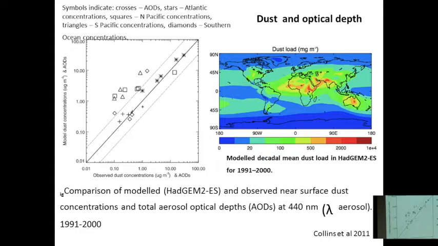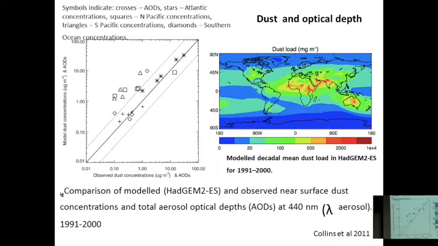And we see that these crosses, the measurements in several places, are not so bad, but they are not on this line. But these stars are the Atlantic concentration. Now it's concentration, not optical depth. And in the Atlantic, you see that in some regions they are very close to the line.